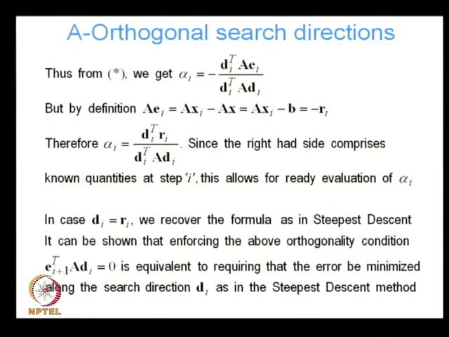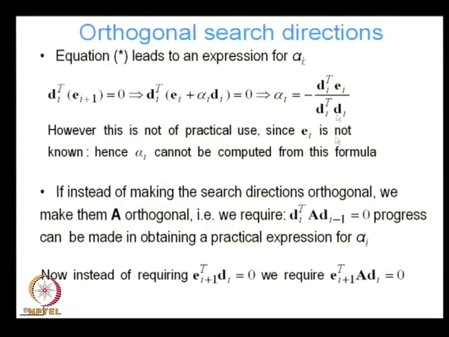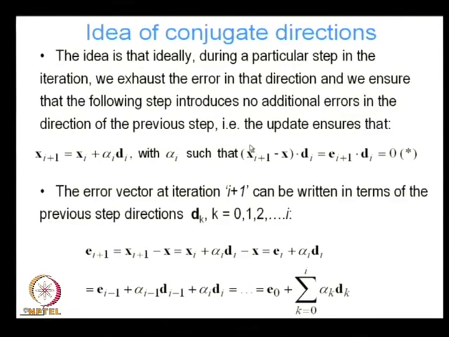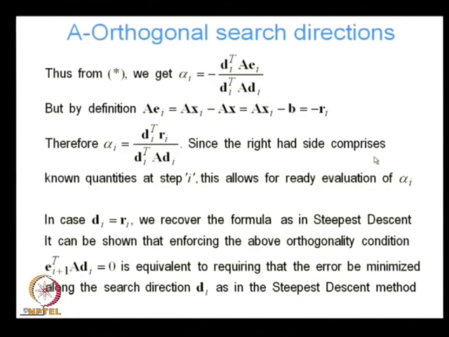So, from star, we go back to this equation, and now we say ei plus 1 A dotted with di is equal to 0. If we do that, we get an expression for alpha i, which is minus di transpose A ei over di transpose A di.